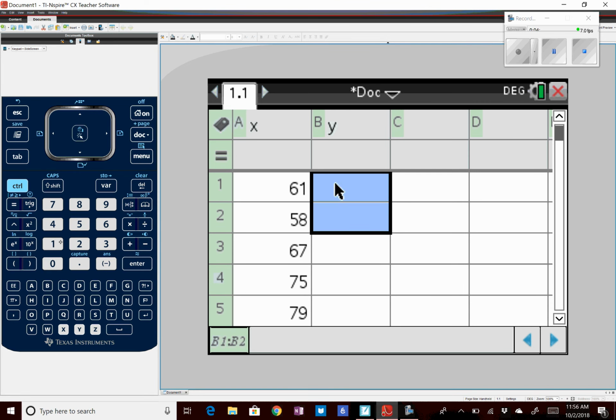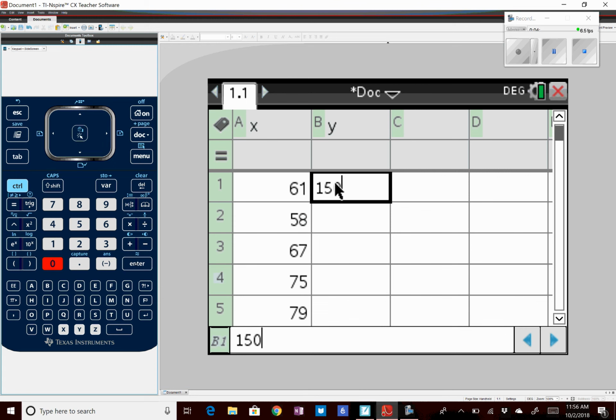$150. Next month was $139. March was $172.